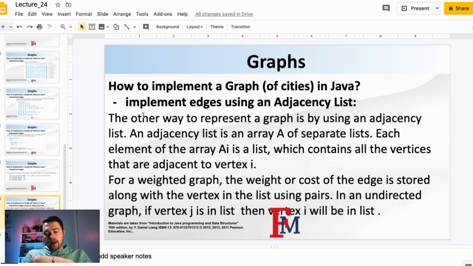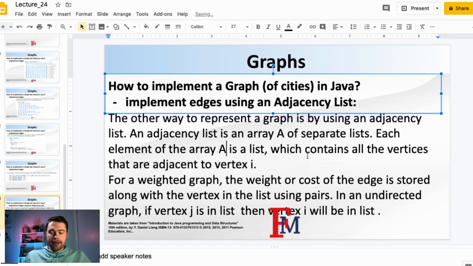Adjacency list. The other way to represent a graph is by using an adjacency list. An adjacency list is an array A of separate lists. Each element of the array A is a list which contains all the vertices that are adjacent to the vertex i, so A[i].